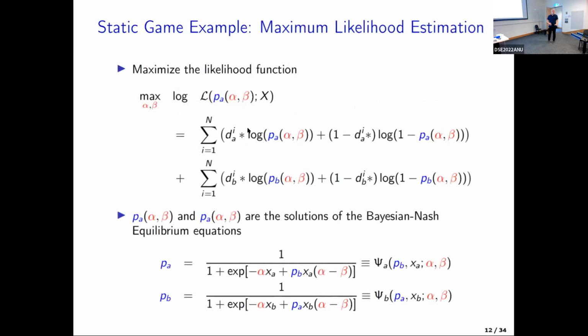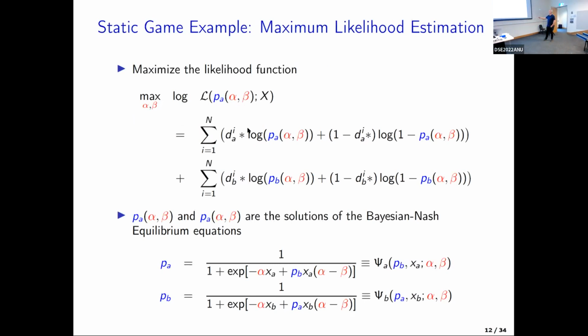Okay, so one thing you might do is do maximum likelihood. So here's a likelihood function. It's essentially a likelihood function for a standard discrete choice model, except that now the choice probabilities for investing and not investing are going to be a solution to this dynamic static game.